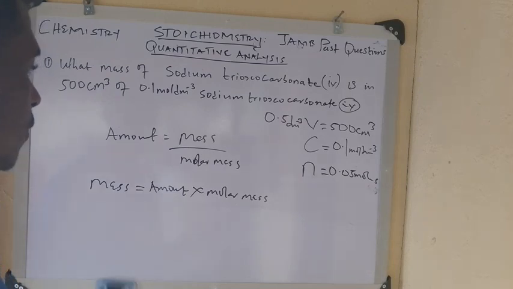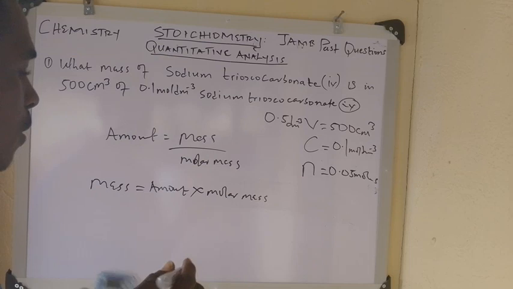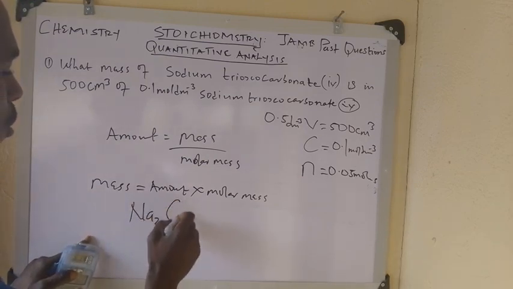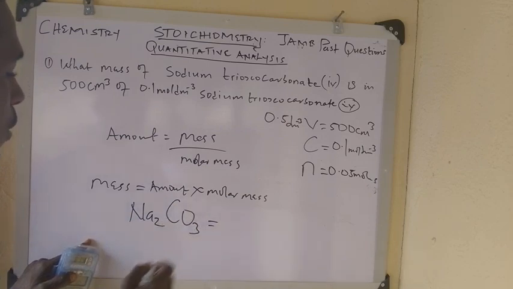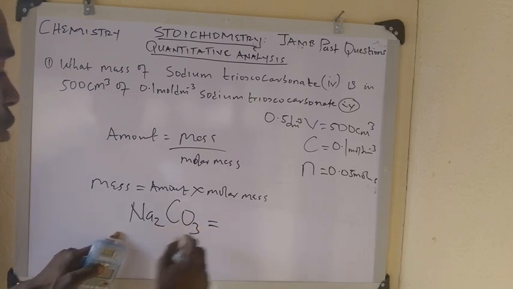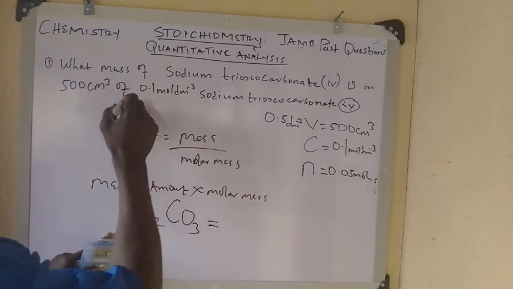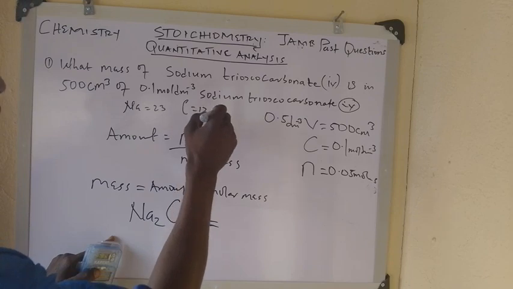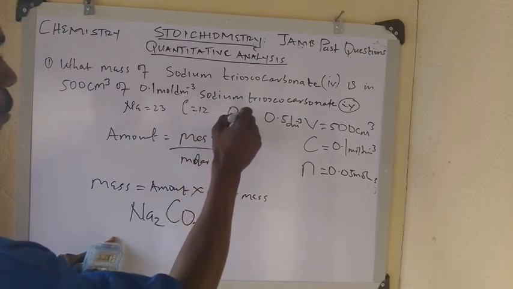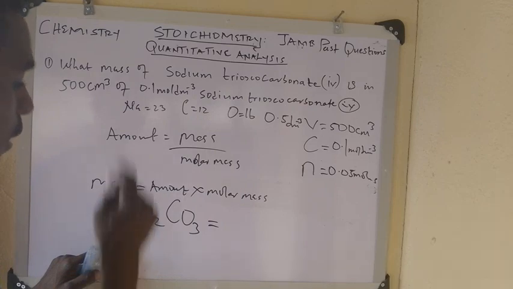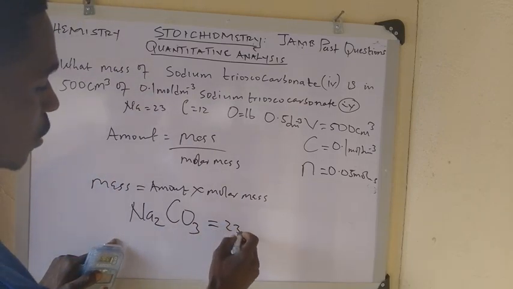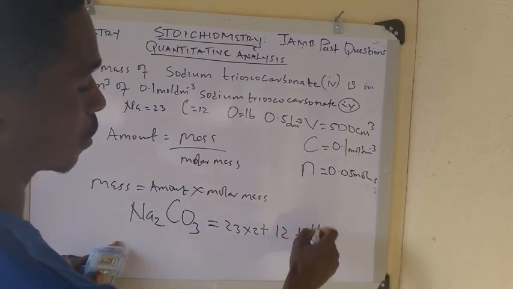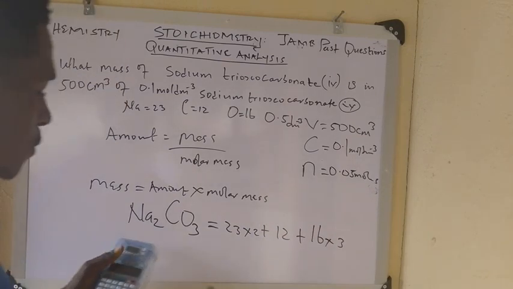You know the molecular formula of the salt is Na2CO3. And you know that the molar mass of sodium is 23, carbon is 12, oxygen is 16. So let's calculate the molar mass. We have 23 times 2 plus 12 plus 16 times 3.